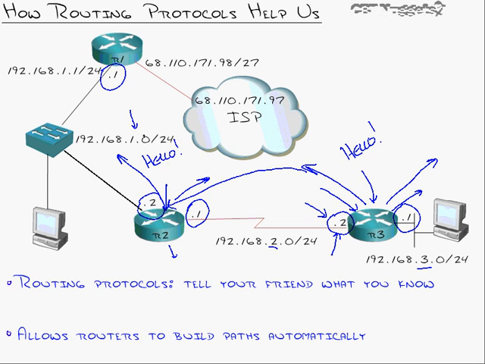I'm plugged into it too, but I did not know about 2.0 and 3.0. Great info. I'll add that to my routing table and make you, the person who told me about it, the next hop IP address. So that's how routing protocols help us: the routers just start spreading information about what they know, and all the other routers in my network will build paths to those networks automatically.